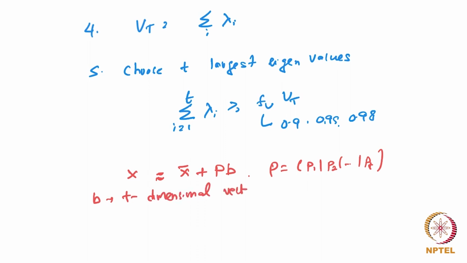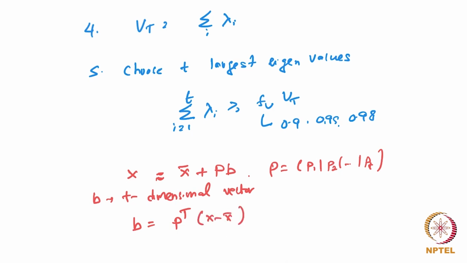And how did we get b? In the example case, we got this f1 prime by projecting an arbitrary point onto the f1 prime axis. Similarly, we would have to project any arbitrary x onto the t axes, and that is done by the following expression: b equals P transpose times x minus x bar.